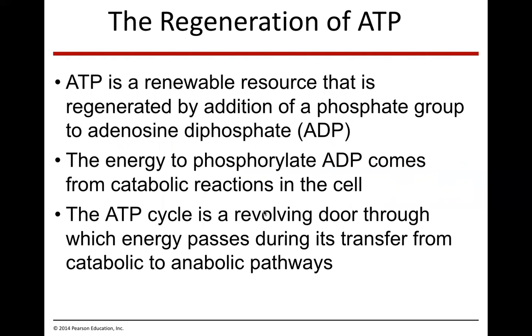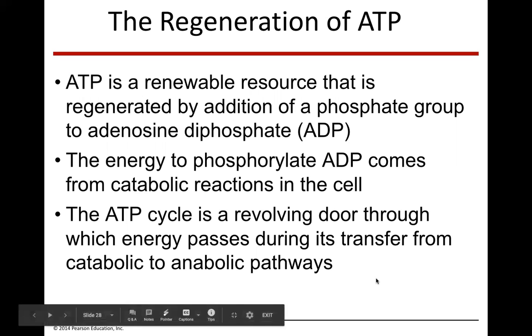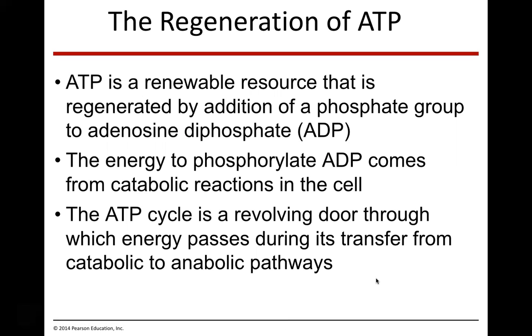The energy to phosphorylate ADP comes from catabolic reactions in the cell, whereas the energy that drives anabolic reactions comes from ATP hydrolysis. The ATP cycle is a revolving door through which energy passes during its transfer from catabolic to anabolic pathways. So ATP is a crucial molecule in cellular metabolism.